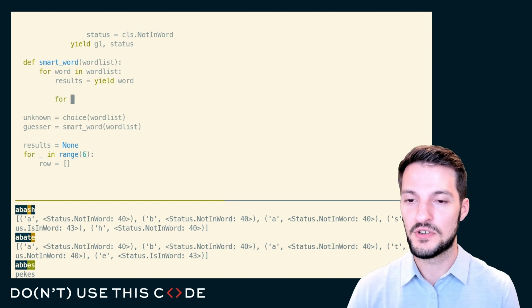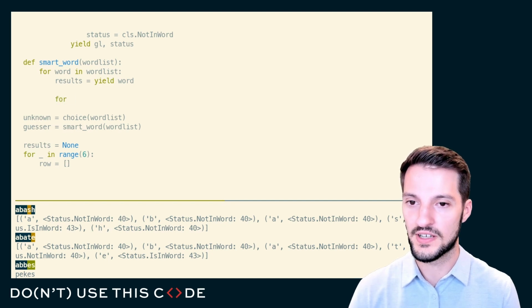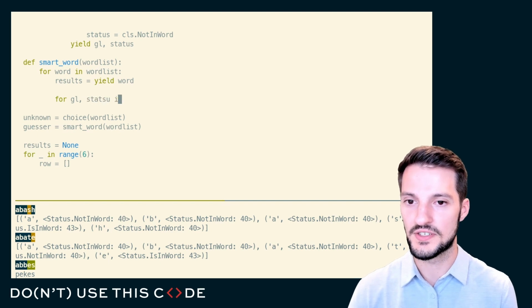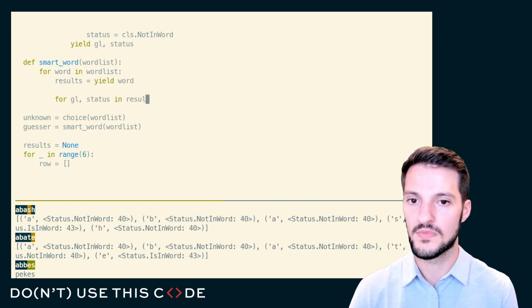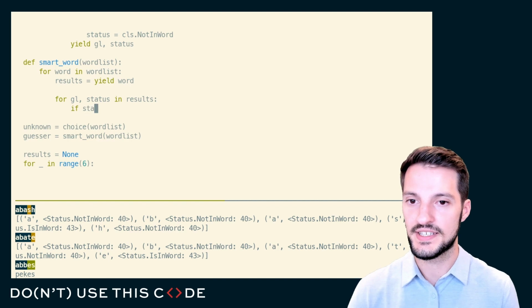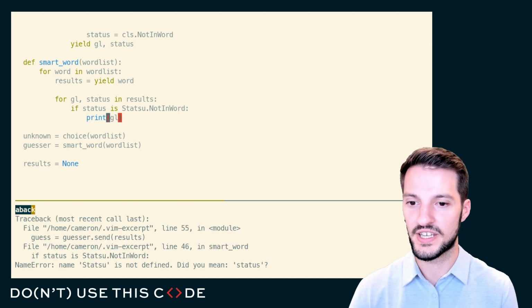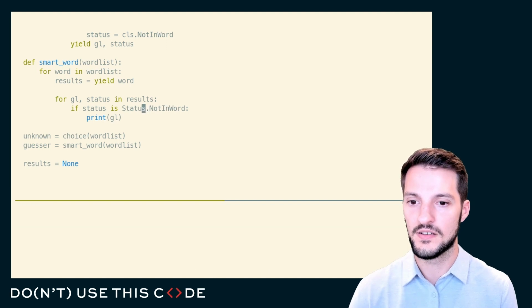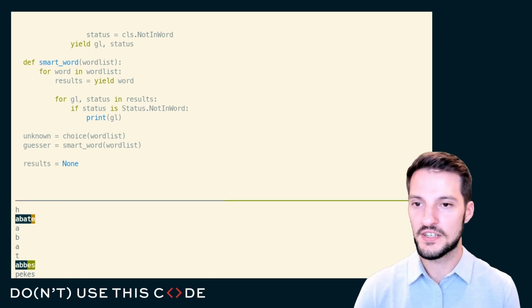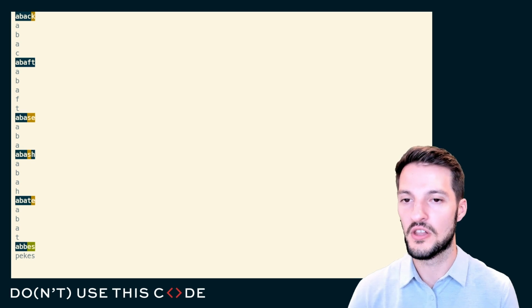So I'm going to iterate for each guessed letter and status in results. If status is not in word, we'll just go ahead and print that guessed letter, to make sure we're locking things in. Okay, and now we can see all the letters that simply don't belong.